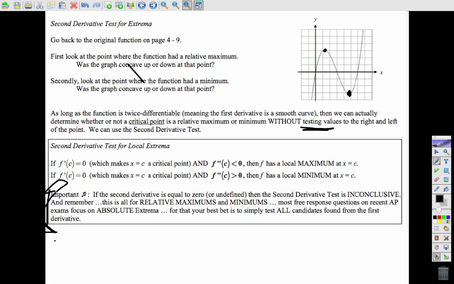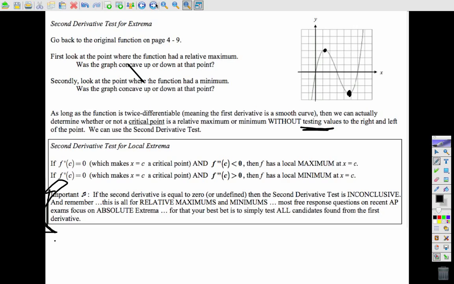The reason you might need these shortcuts, and they are super shortcuts, is because on AP multiple choice questions, often time is of the essence, and these will get you to the answer without having to show all your work or give the more detailed answers that you'll need to give on a free response question.